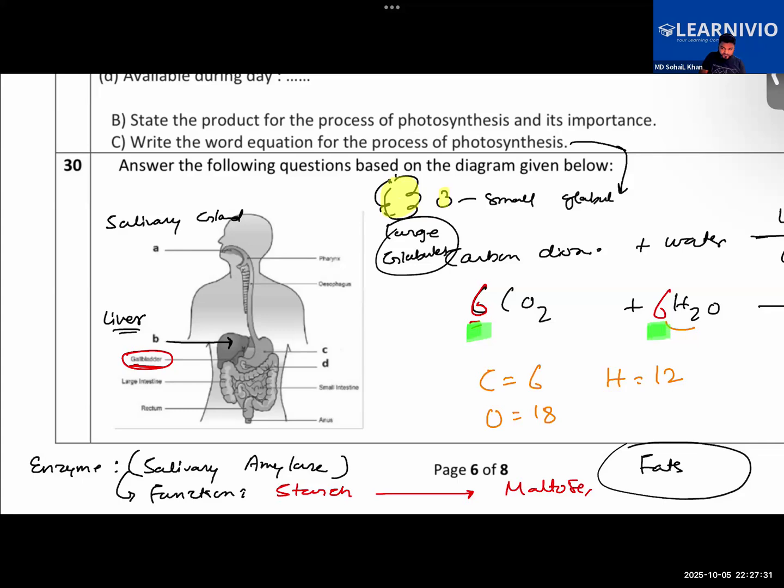Small particles, by the way. From large particles, they are broken into small particles. So they play an important role in digestion. Now, you know that the liver also helps in detoxification, right? It also helps in cleaning our blood, by the way.